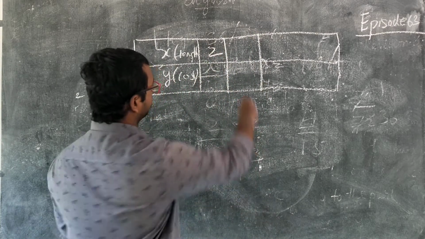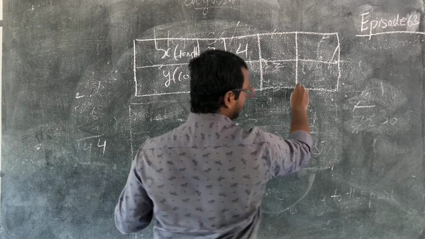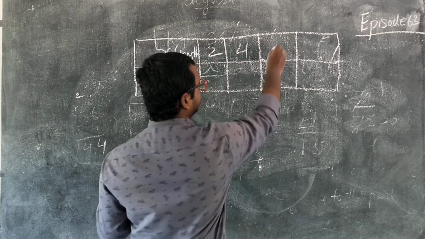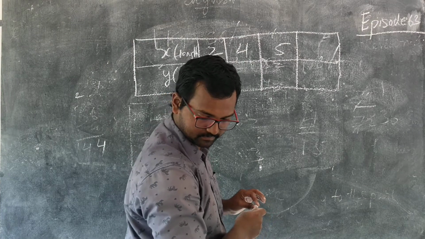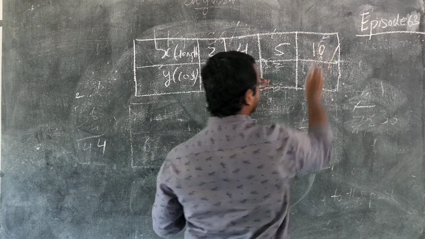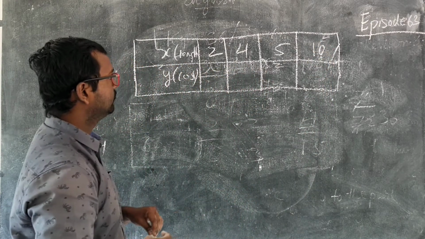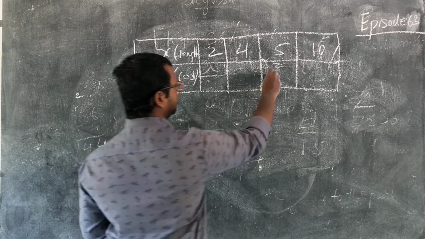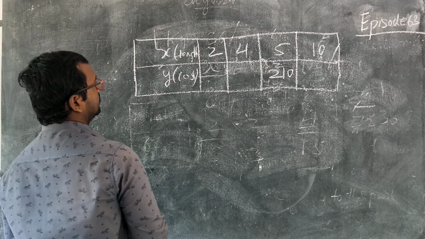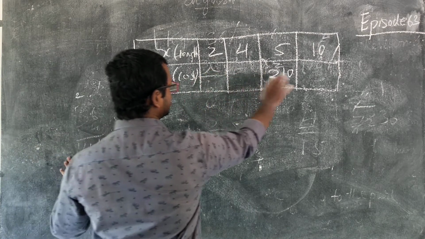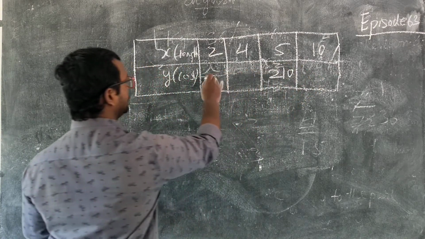We have to find for 4, 5 is already given, and then we have to find for 10. I am solving till 10. So for 5 they have given us 210. Now what is missing? The cost is missing for 10, 4 and 2 meter.